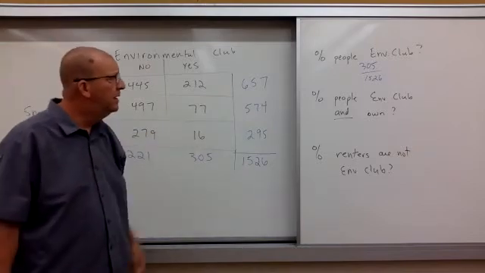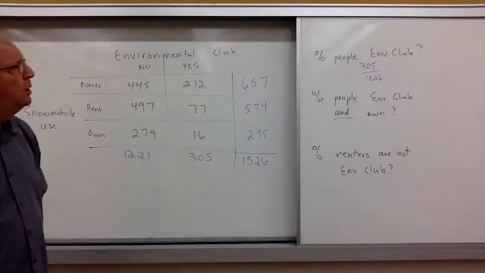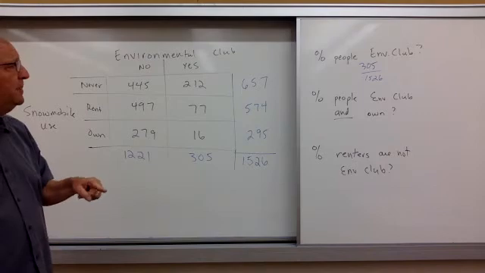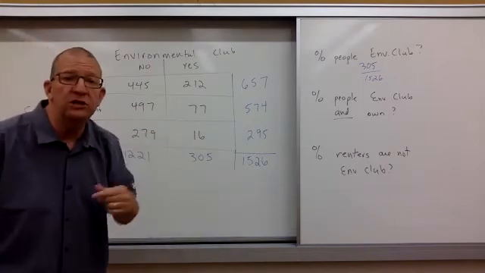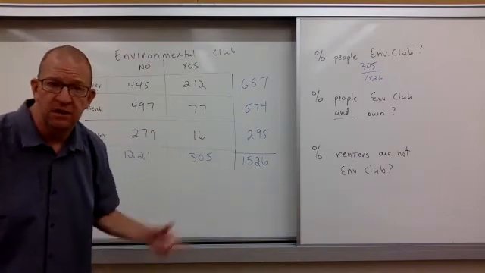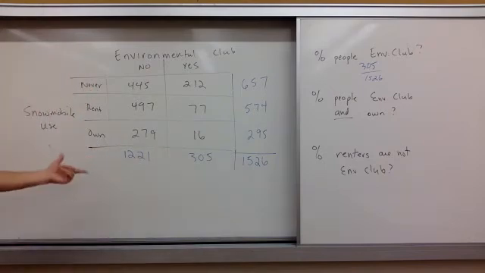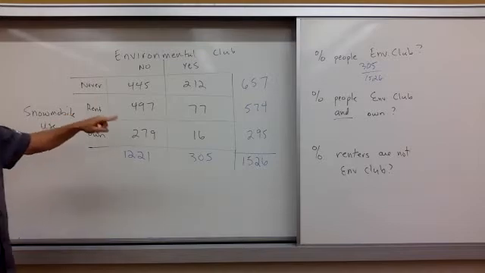Pretty straightforward. The next, what percent of people said yes to the environmental club and own a snowmobile? Can you figure that out? Look in the table. See if you can figure that out for a minute. What percent of people said yes to the environmental club and own a snowmobile?